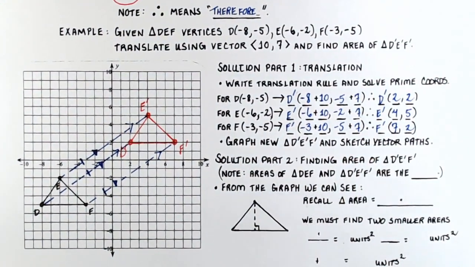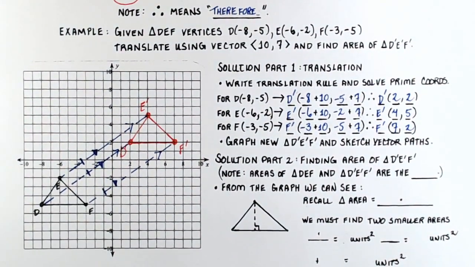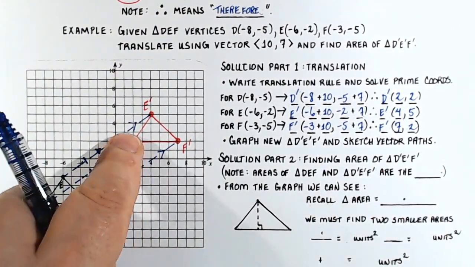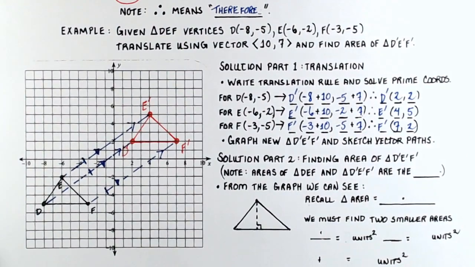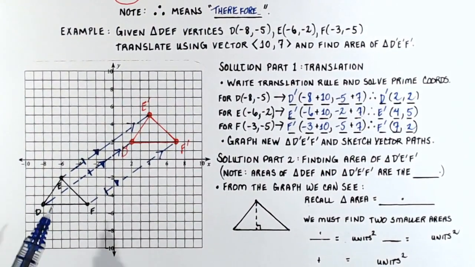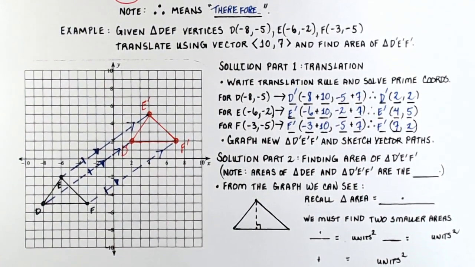All right. So that's the full solution to the first part of this example. Now the second part is more or less a little geometry problem, a little math problem, to find the area of triangle D prime, E prime, F prime. And you probably know this already, but the pre-image and image of any translation that is rigid, those would be identical.